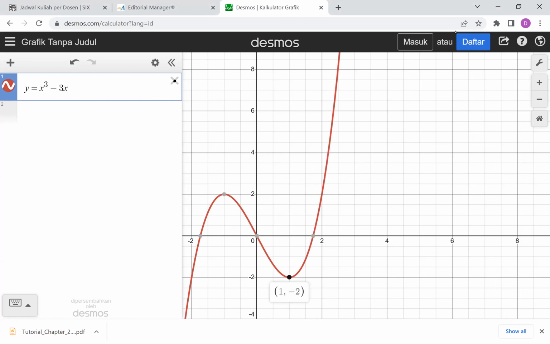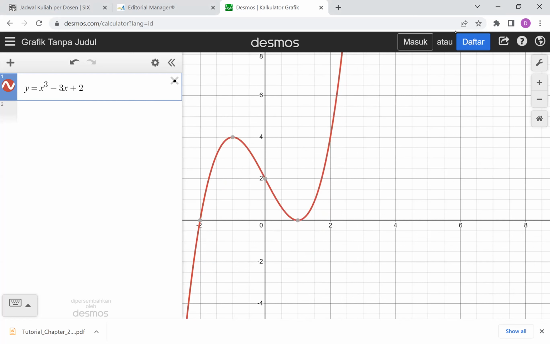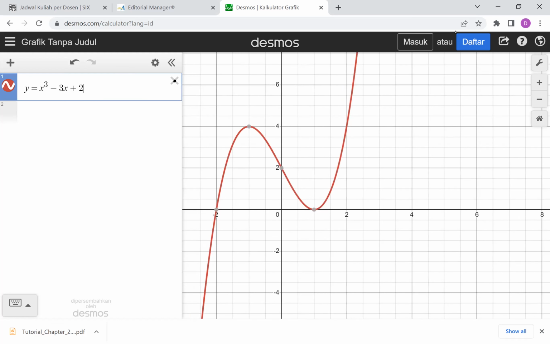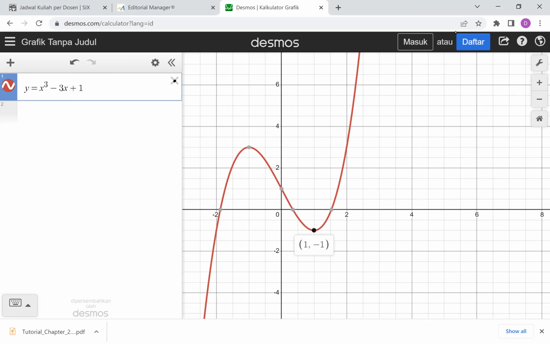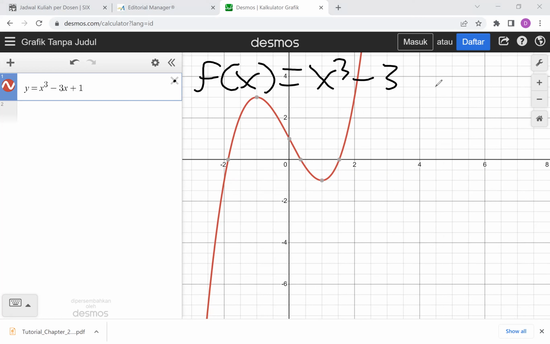For example, in this case, I consider f(x) equals x cubed minus 3x plus 1, for example.